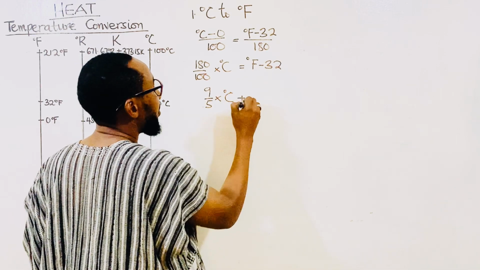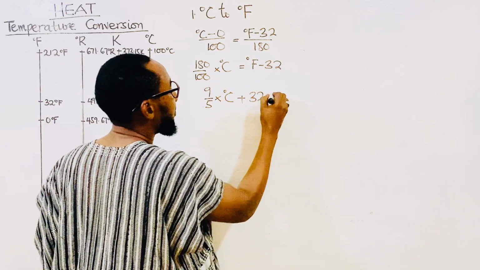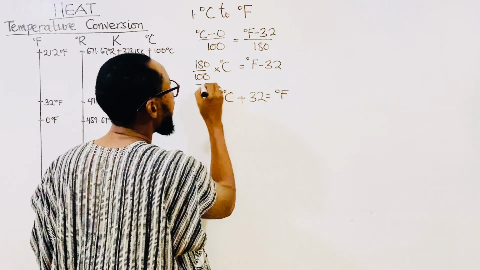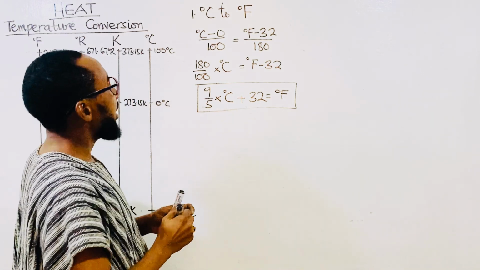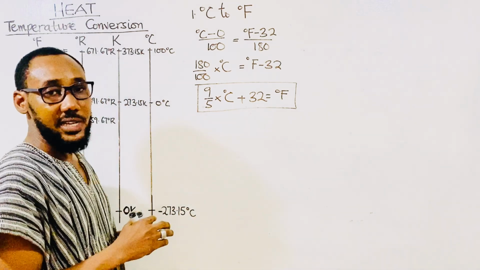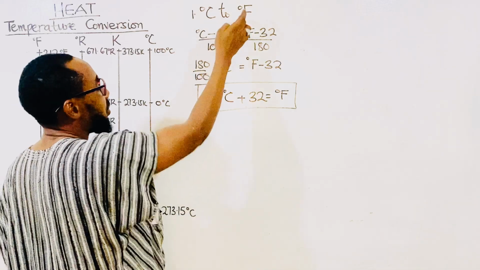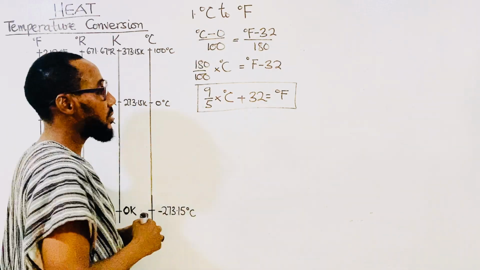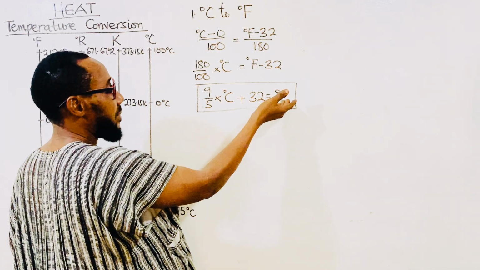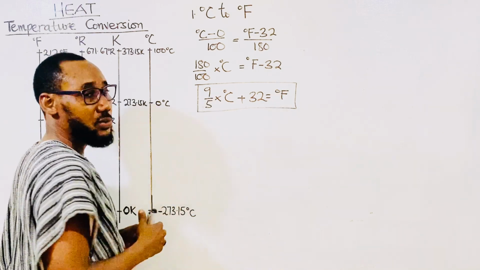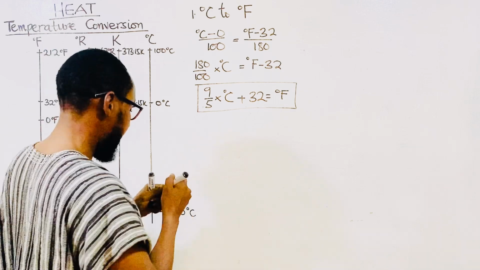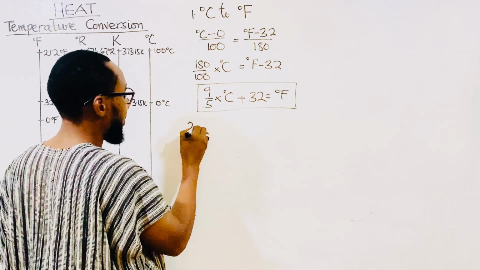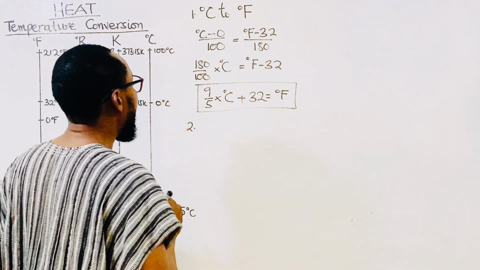Of course, this crosses the equal sign, then we have that. So if we want to convert a temperature from degrees Celsius to Fahrenheit, simply put, the degrees Fahrenheit temperature that we're looking for should be equal to 9 over 5 times the temperature that we are given in degrees Celsius plus 32. All right, I think this is pretty much straightforward. So we come to the next one.